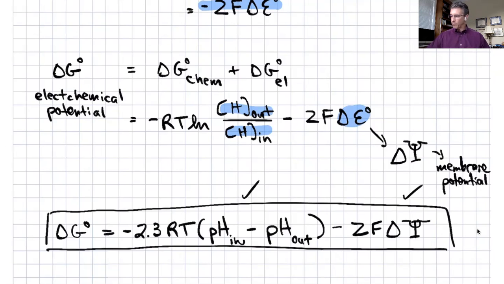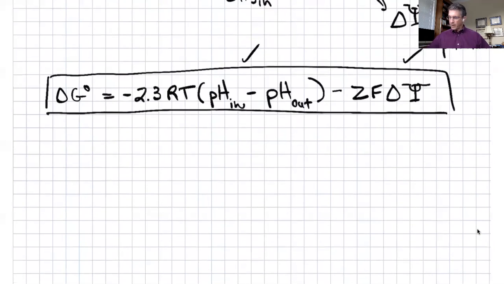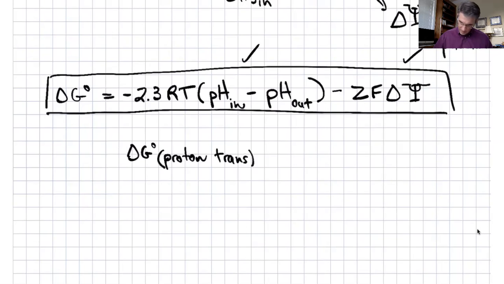We know how much free energy we have to work with, and you go through the calculation. What you find is that the free energy associated with proton transport, moving one proton from the outside of an energized mitochondrial intermembrane space to the inside, is equal to minus 21.5 kilojoules per mole.